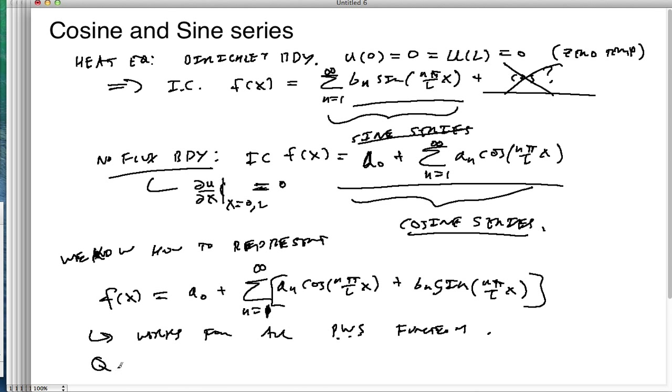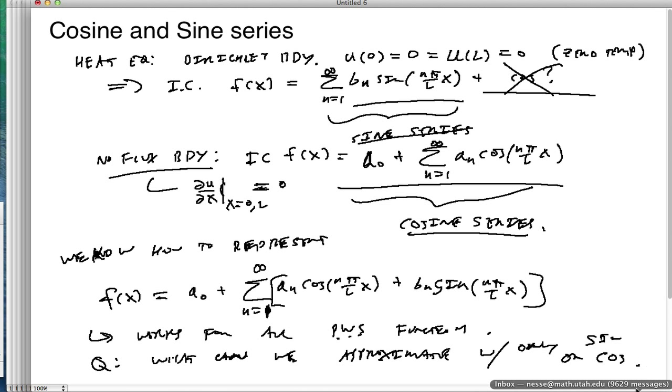So the question then, of course, is, what can we approximate with only sine or cosine functions? So that's the question.